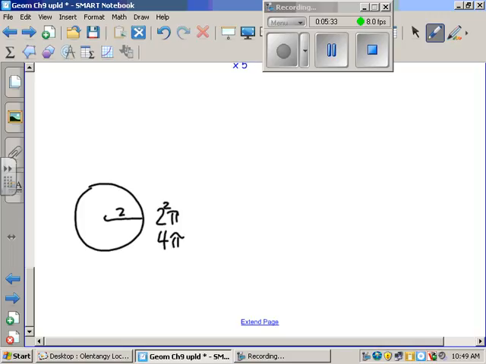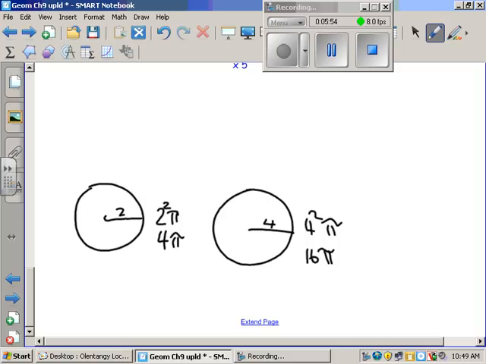Now if I double the radius, so now I have a circle with a radius of 4. I realize it doesn't look like I doubled it, but now I have 4 squared times pi. That gives me 16 pi, sorry.